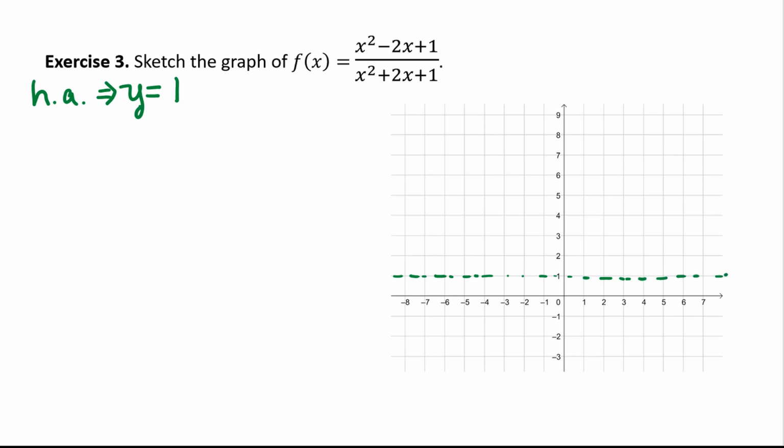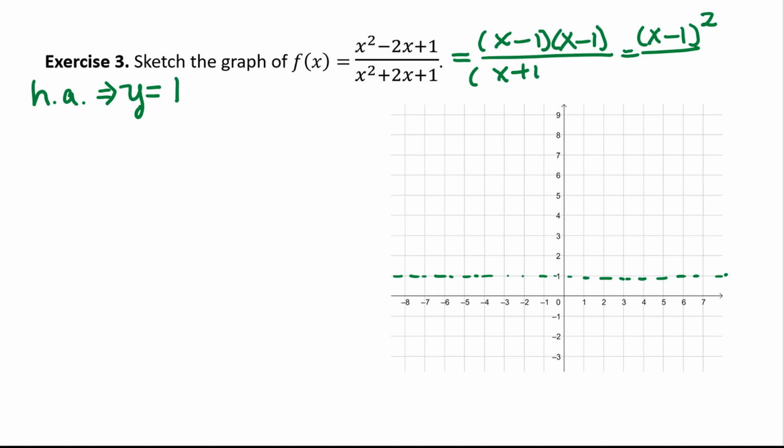So let's sketch that horizontal asymptote in place. Next, let's go ahead and factor the numerator, which would be x minus 1 times x minus 1. We could even simplify that and write it as (x minus 1) squared. The denominator factors to x plus 1 times x plus 1, which could also be written condensed as (x plus 1) squared.